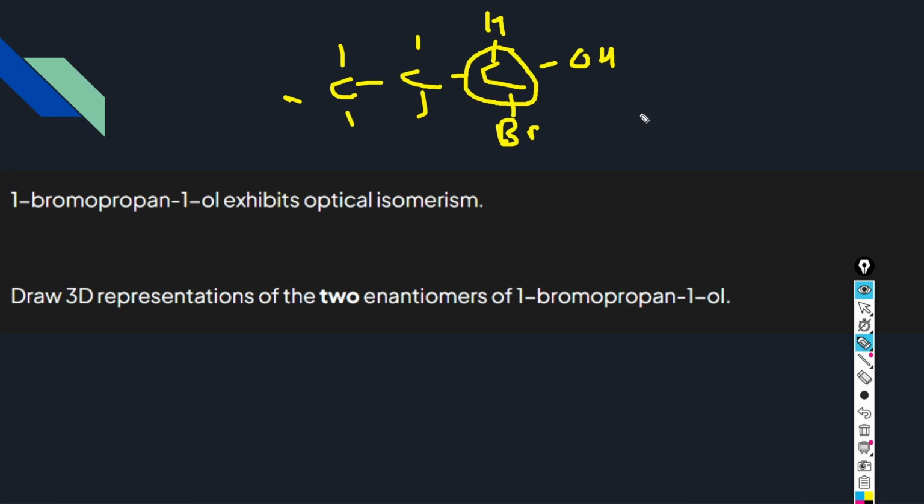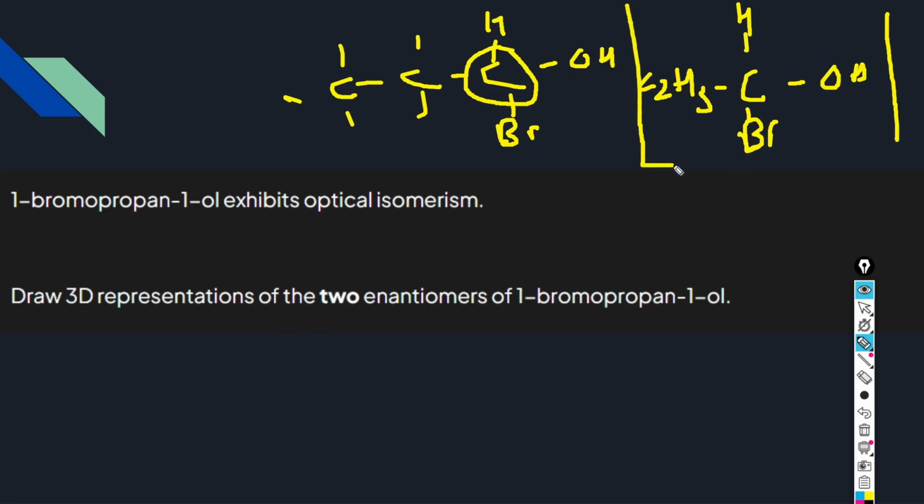So let's just draw it in the notation I told you guys to. So this would be C. Everything else just needs to be condensed down. This would be C2H5. And how to show you guys? Just draw a straight line over here. So the diagram, this would be one enantiomer.